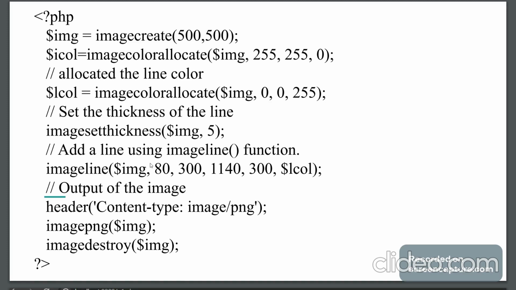Now we want to draw a line on this created image. So we have the function imageline, with our canvas image object, comma, and the starting x and y coordinates are 80 and 300.